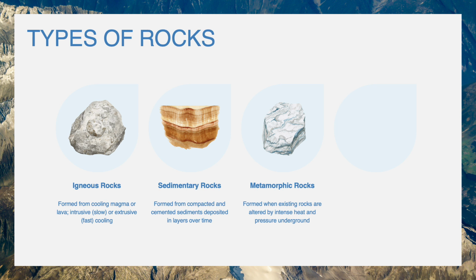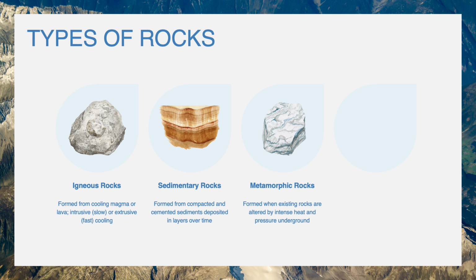Sedimentary rock forms from sediments, and these are small pieces of broken rock, shells or plant material, and over time these sediments are deposited into layers, squeezed together and cemented into solid rock. Metamorphic rocks form when existing rocks are changed by heat and pressure underground.